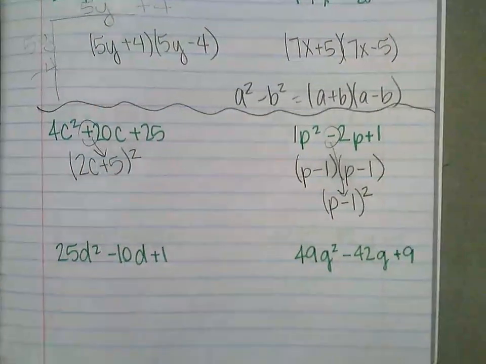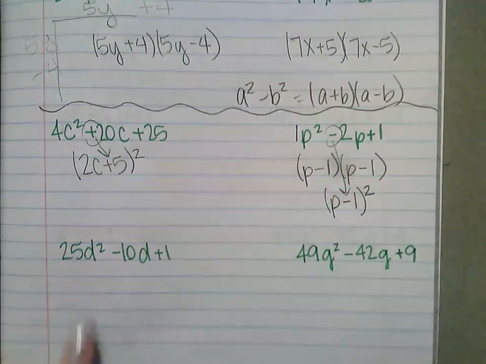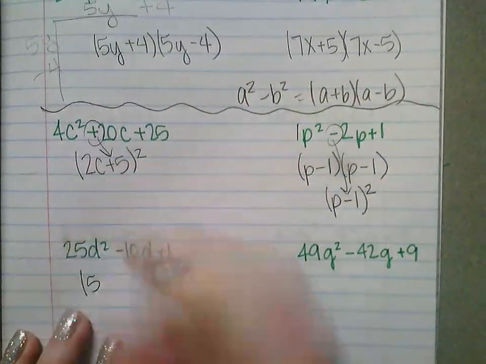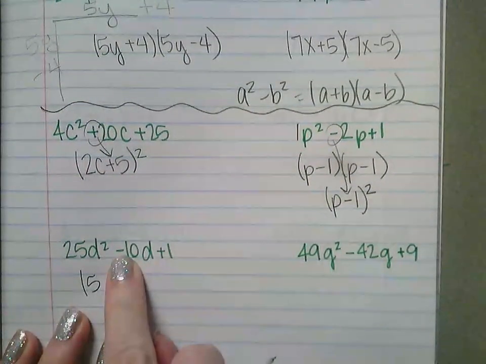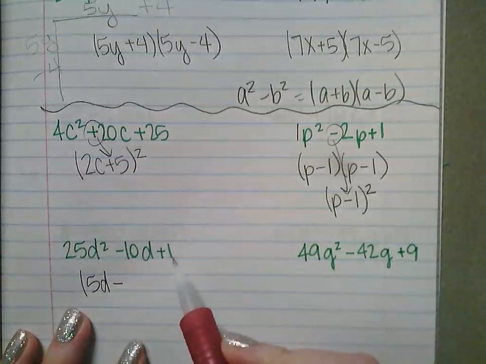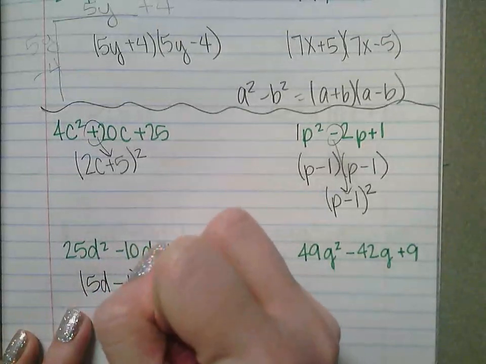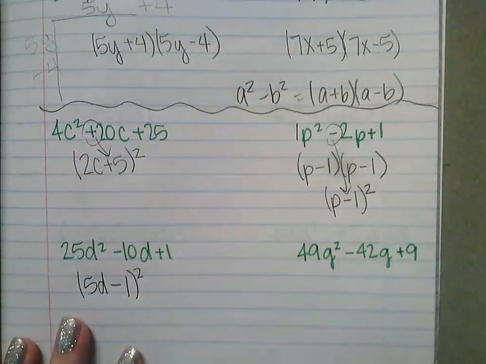Okay? So if I'm going to go down to these two, we're not even going to try to lay it out. Square root of 25, 5. That tells me it's, yeah, D, good job. That tells me it's minus, and then the square root of 1, 1. So that's that answer, 5d minus 1 squared. Okay?